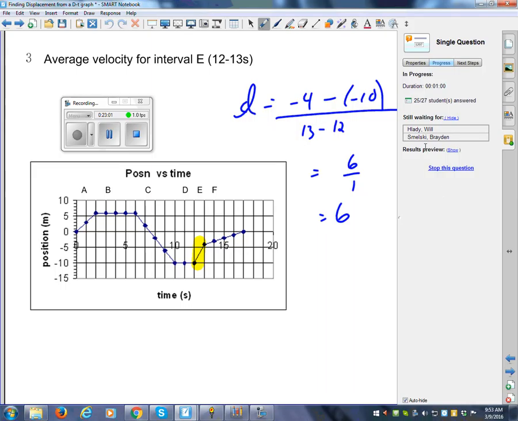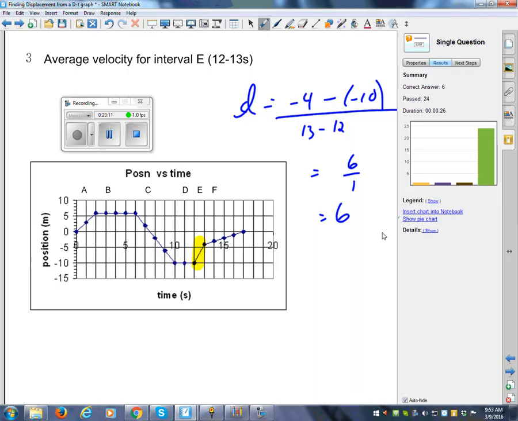Will, are you going to press enter? Correct answer is 6. There's the work on the screen. It's final minus initial, right? So here my position is -4, subtract -10. -4 subtract -10 is +6.